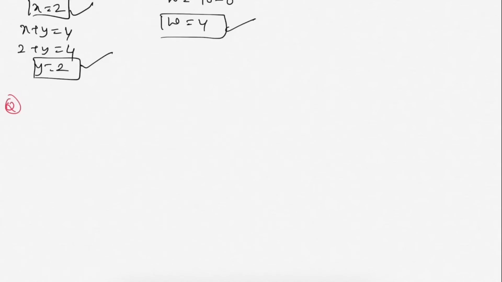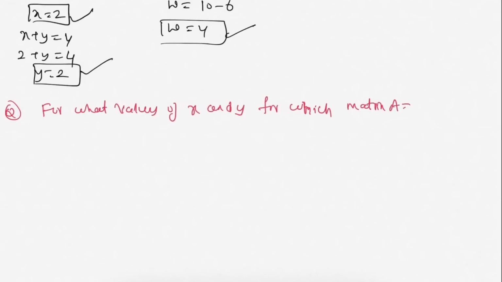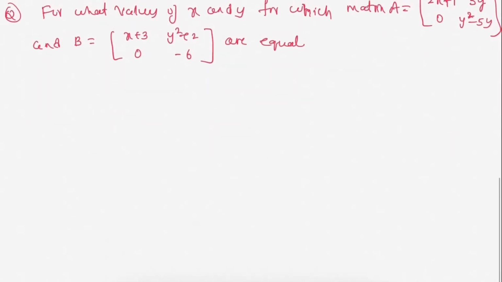For what values of x and y are the matrices A and B equal, where A has rows 2x plus 1, 3y and 0, y square minus 5y, and B has rows x plus 3, y square plus 2 and 0, minus 6?